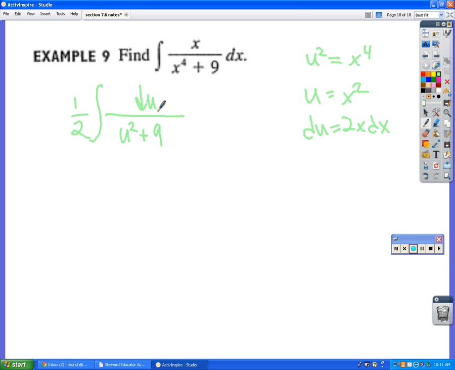Now a is 3, because 3 squared is 9. So I'm going to use the formula that we just had.